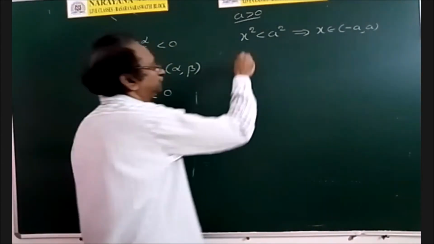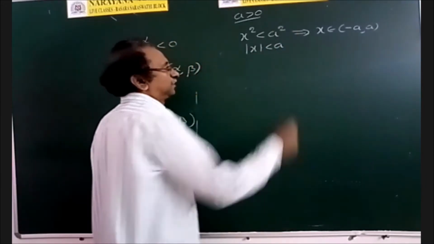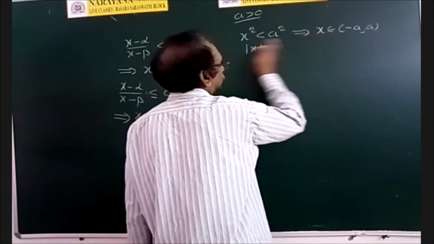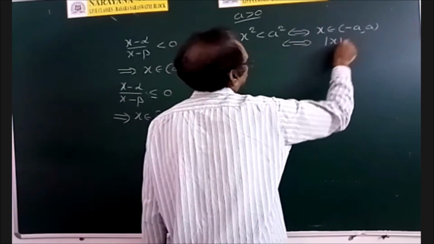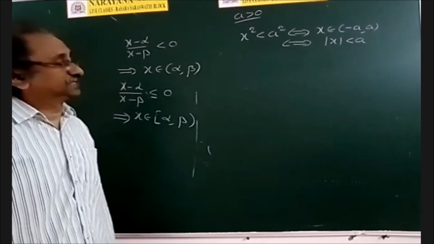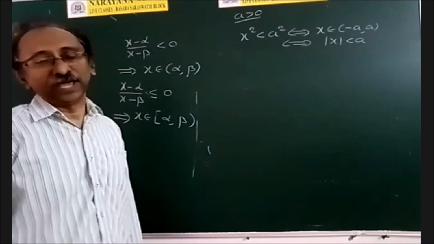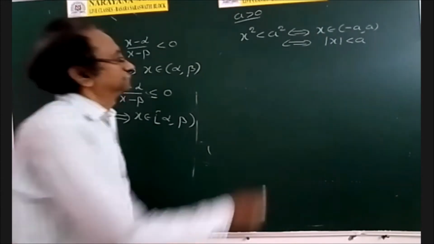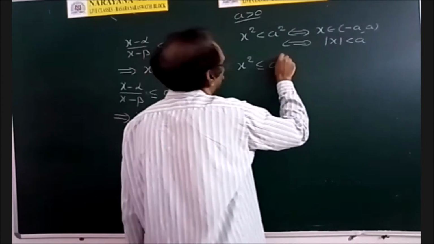Okay, not only for this, for mod x less than a also you can write. That means all these are the same. So this is mod x less than a. So mod x less than a, or x square less than a square, or x belongs to minus a comma a. All are same.